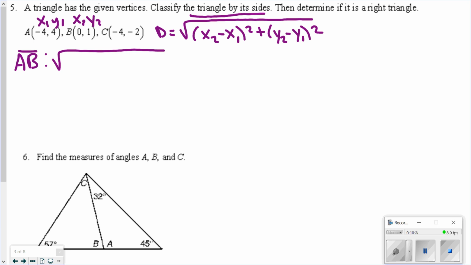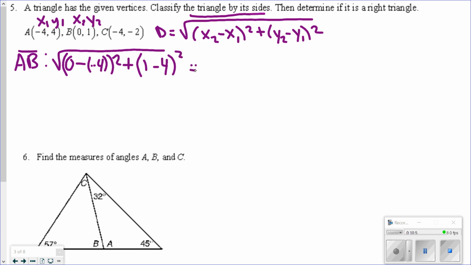I'm sorry, let's try that again. X2 is 0, not 1, minus x1, which is the negative 4. And I'm going to square all that, plus, I'm going to do y2, which is 1, minus 4, and I'm going to square this.